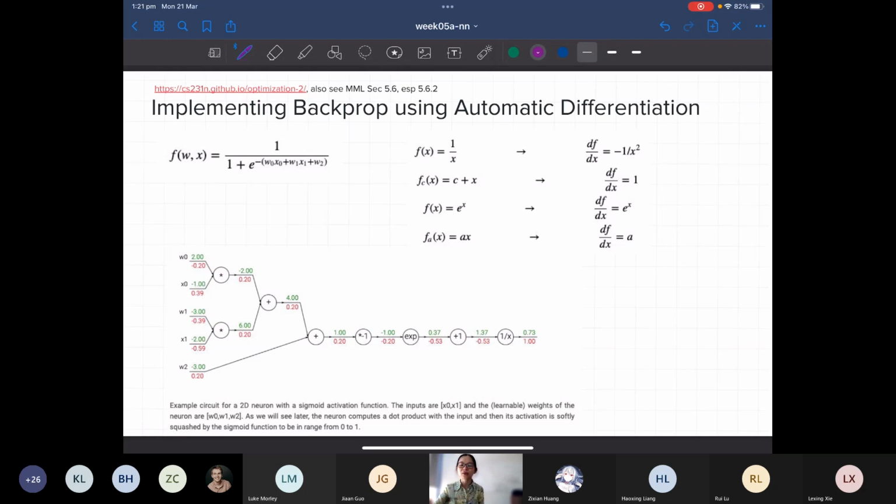This is implemented by schemes called autodiff, or automatic differentiation. Very neat. Suppose we have a function, borrowed from the Stanford course, which is not too complicated, but manually deriving the derivatives can still be a pain.